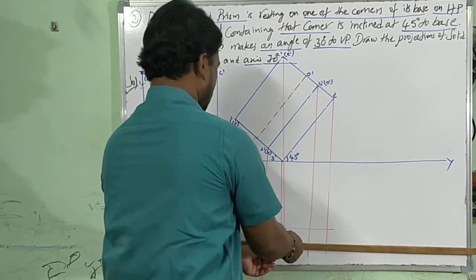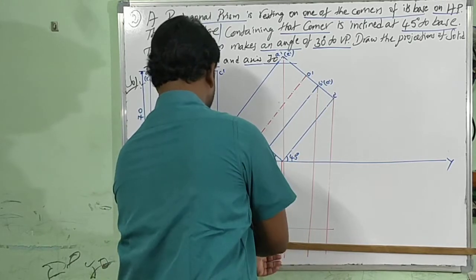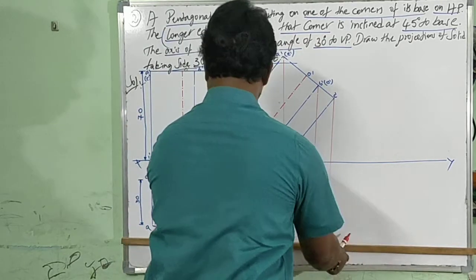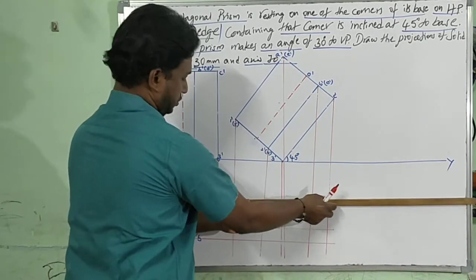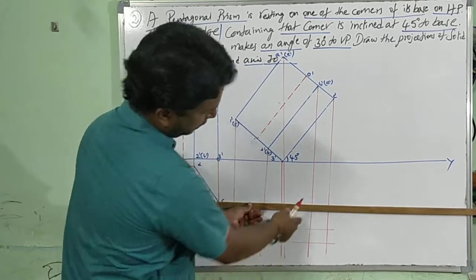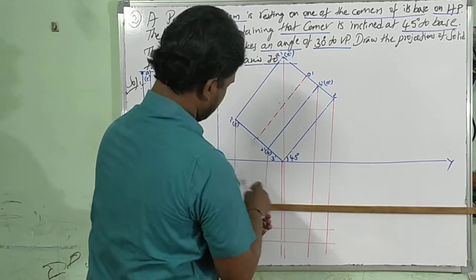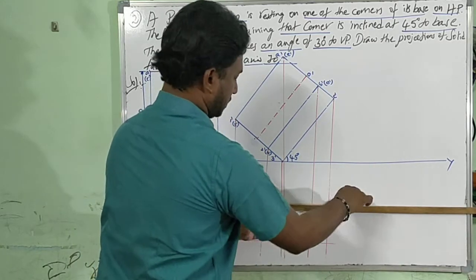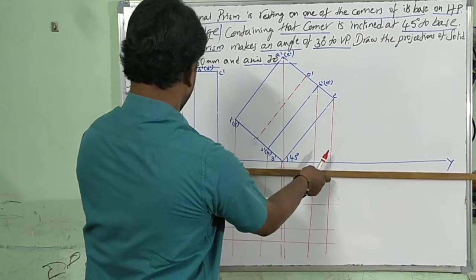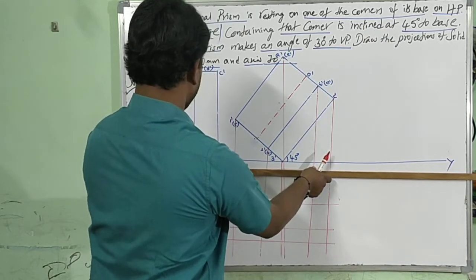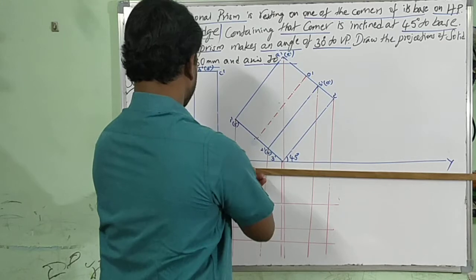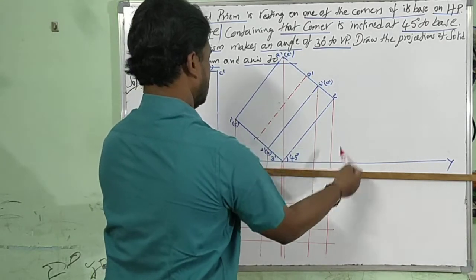So this procedure you all know, but still, to C, first stage top view, C point to second stage projector. D, first stage top view to second stage projector.